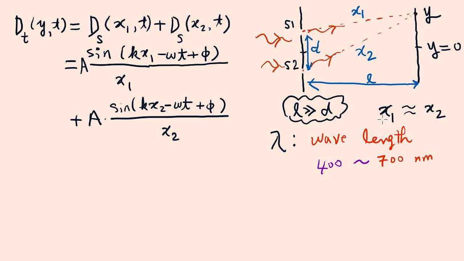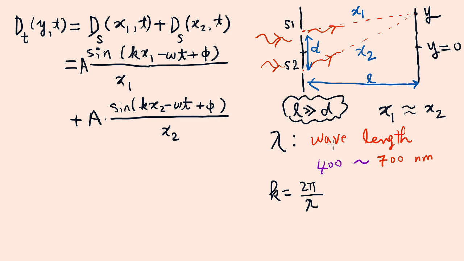X1 and X2 can be different by such a minute fraction, but because this k equals 2 pi over lambda, when X1 and X2 are different by half the wavelength, Kx1 and Kx2 can be different by pi.